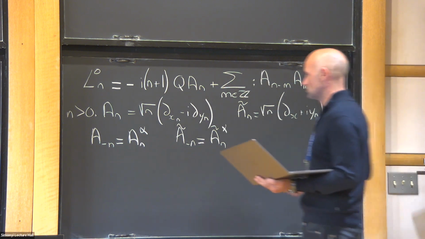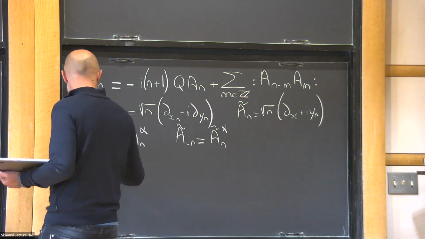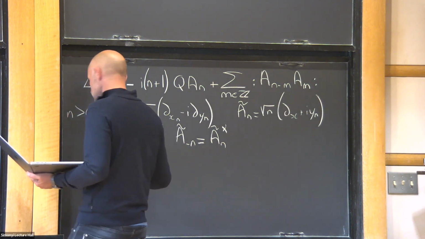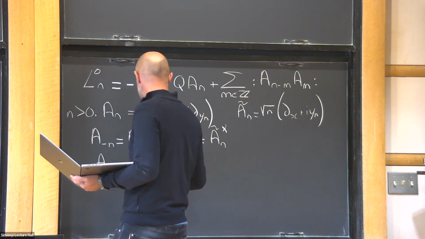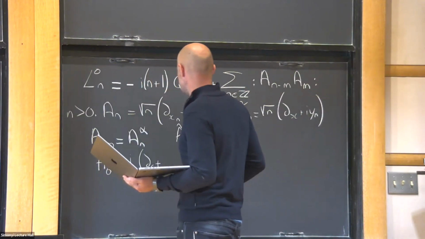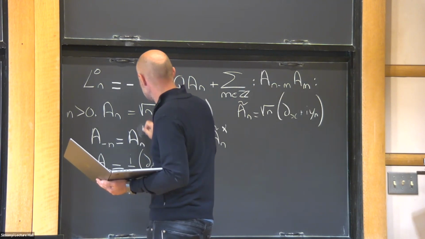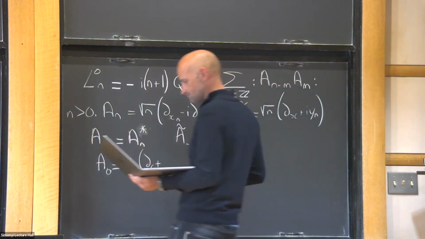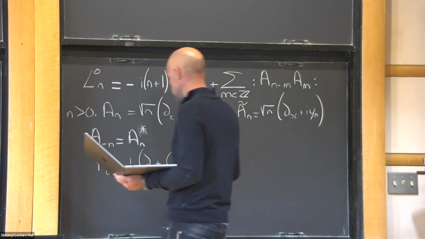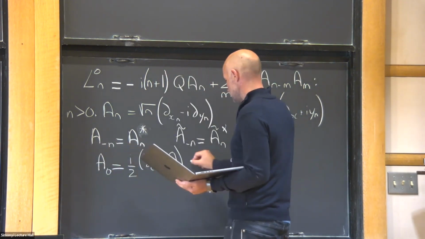I forgot here, you don't have the A0. Sorry, what is that alpha superscript? This is a star. Yeah, this is the adjoint with respect to the Gaussian measure. And the same for A tilde 0.